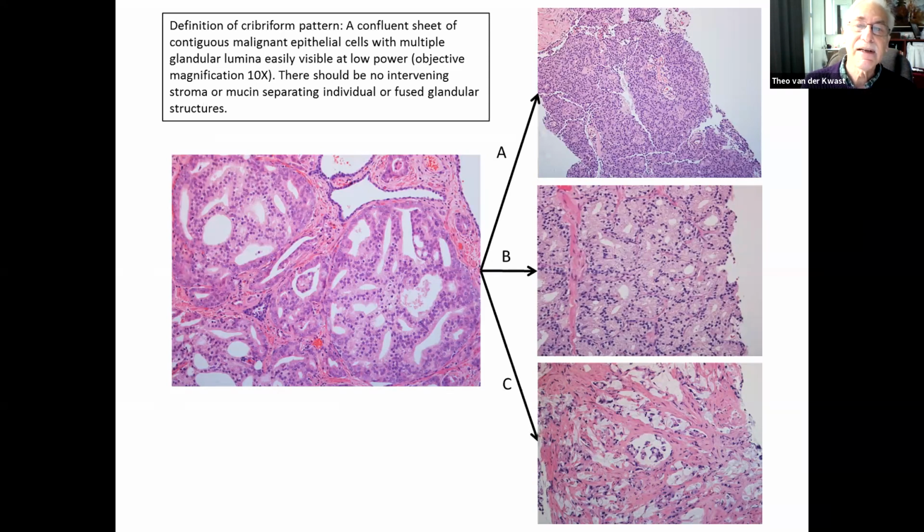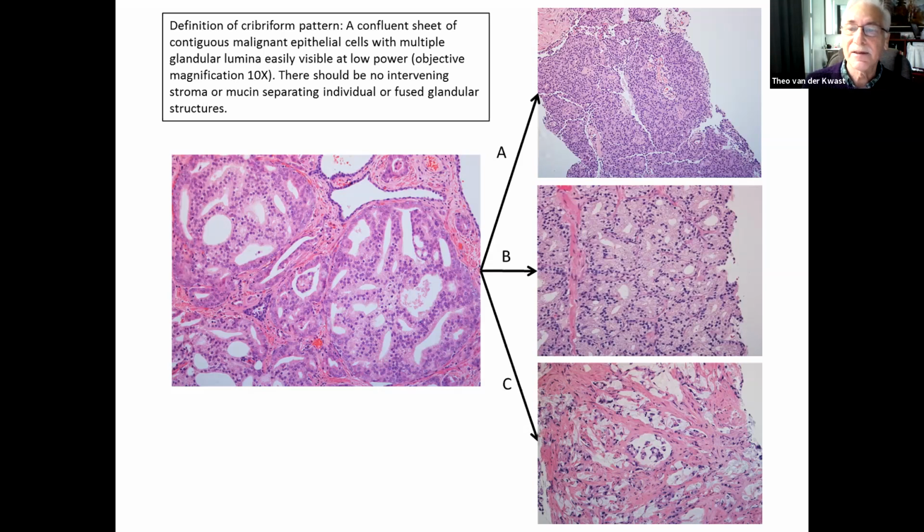The arrow labeled A depicts the difference between solid pattern and cribriform pattern, in that in the solid pattern there are no easily visible lumina to be seen. Arrow B depicts the situation where there can be intervening stroma.